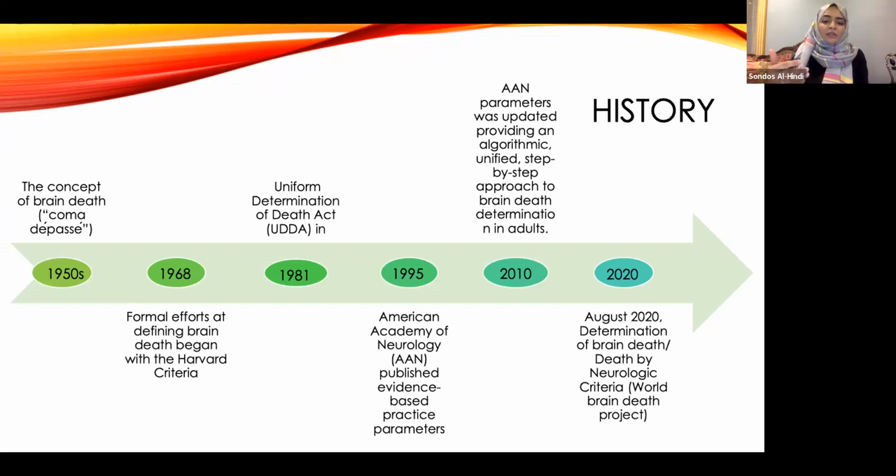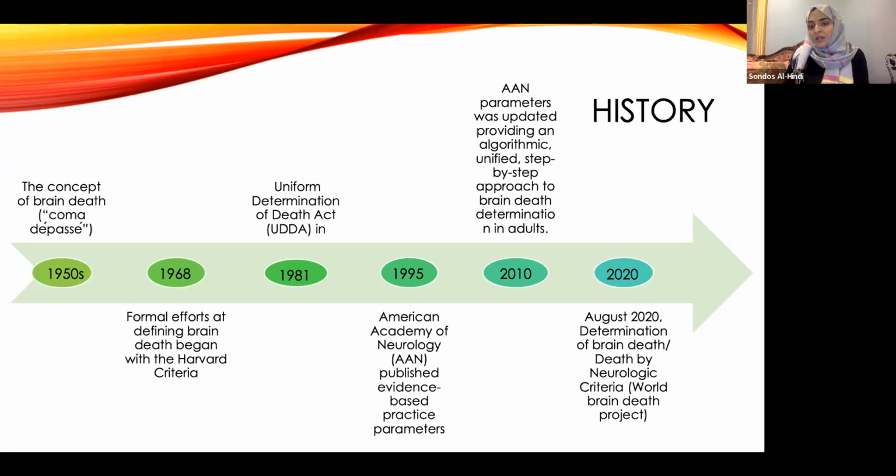Later, in 1995, the American Academy of Neurology published evidence-based practice parameters of how to identify somebody as brain dead based on the Determination of Death Act definition. These parameters were updated back in 2010 due to increased use of hypothermia in patients with cardiac arrest and other modalities of resuscitation and preserving brain function like ECMO and so forth.